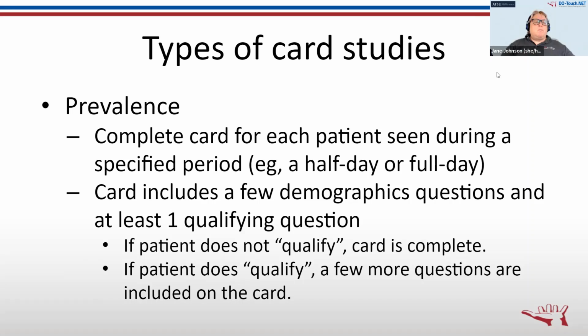Okay. There are also prevalence studies done with card studies. And basically, you take a very short period of time, like half a day, maybe a full day of clinic time, and complete a card for every patient who is seen during that specified period of time. And on the card, there usually are a few demographic questions and then a qualifying question. So you're trying to find the prevalence of patients who come for OMT who have high cholesterol.